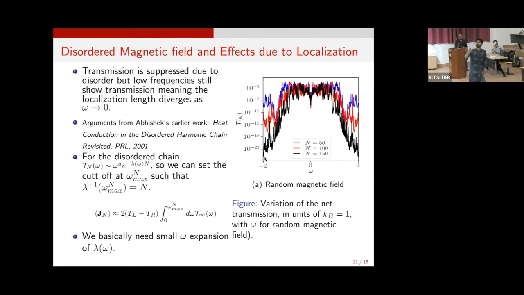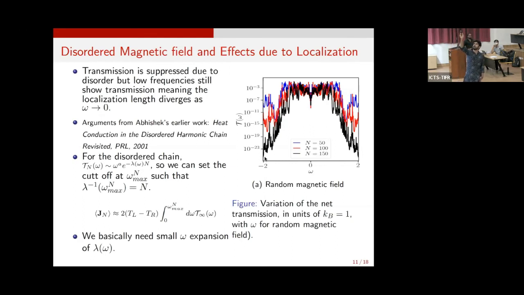Okay, so now I want to draw your attention to this plot. As you can see, this is transmission plotted against omega for different system sizes. There are three things to note from here. One is that there is a sharp cutoff after which the transmission goes down very sharply with the system size.